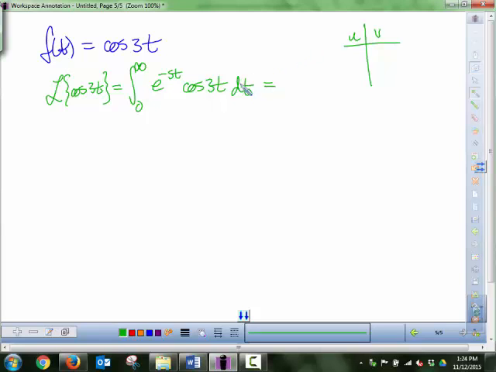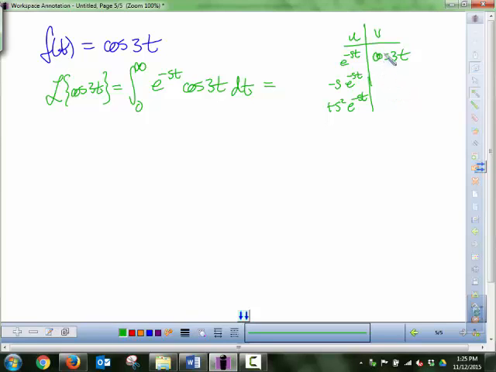So let's just say u is equal to e to the negative st, and then the dv is going to be cosine 3t. So du is going to be negative s e to the negative st. We're taking the derivative with respect to t. I don't know if I need to go one more, but I'll go one more. Negative s squared, positive s squared, e to the negative st.